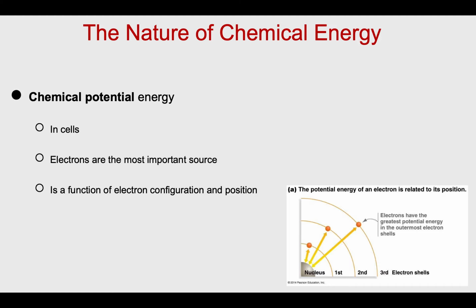So based on where the electron is within a molecule, those on the furthest electron shell have the ability to interact, right? They have the ability to have some chemical potential energy, as well as their configuration. So maybe this electron is currently in a bond. Maybe it's not in a bond yet, right? So it's all kind of relating back to these outermost electrons.